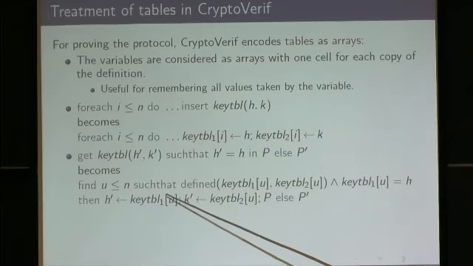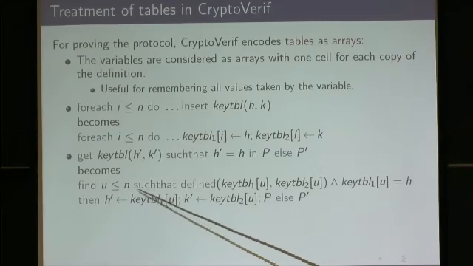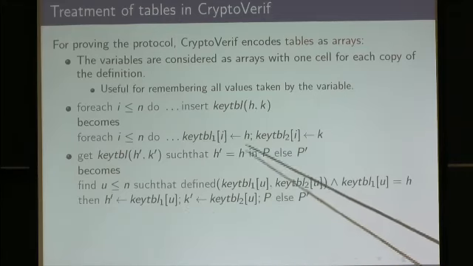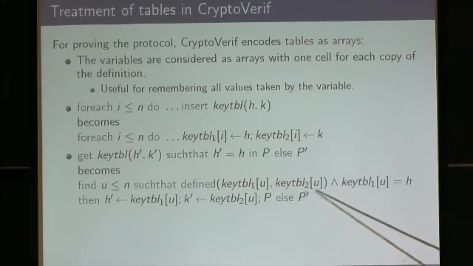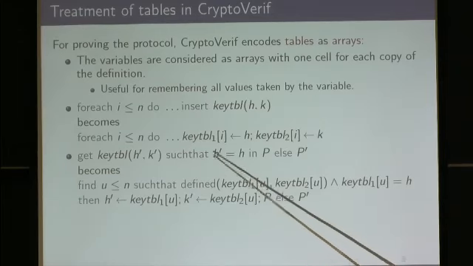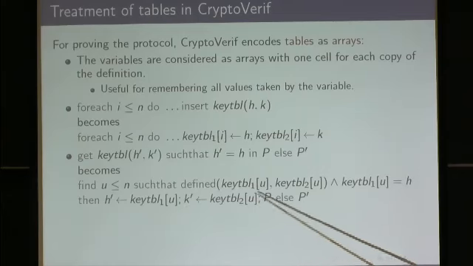This lookup is done by a find construct in CryptoVerif. So this finds an index u such that the variables key table 1 of u and key table 2 of u have been defined, so you have inserted the element in the table. And the first element of the table satisfies the condition, so it's equal to h here. And in that case, you can define h' to be k table 1 of u and k' to be k table 2 of u, and you continue.